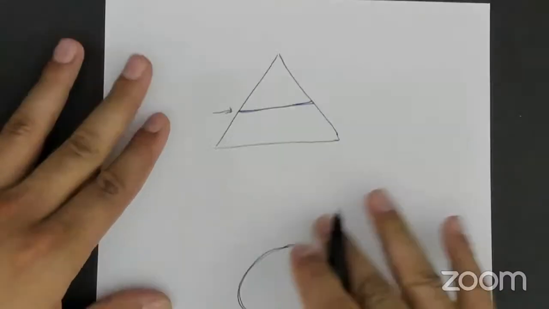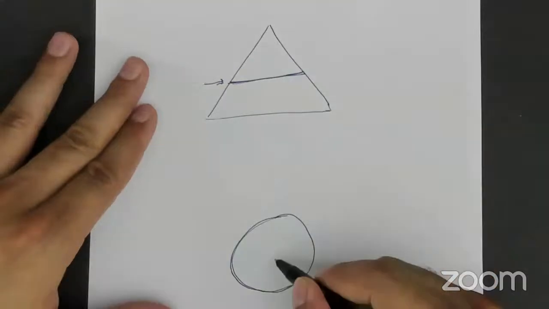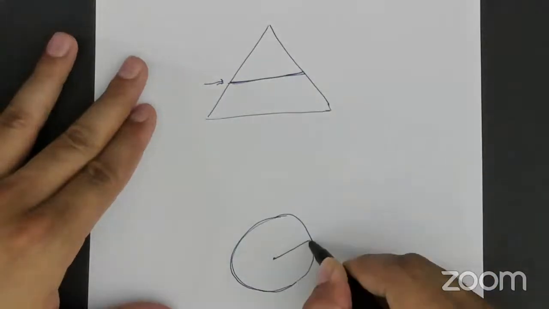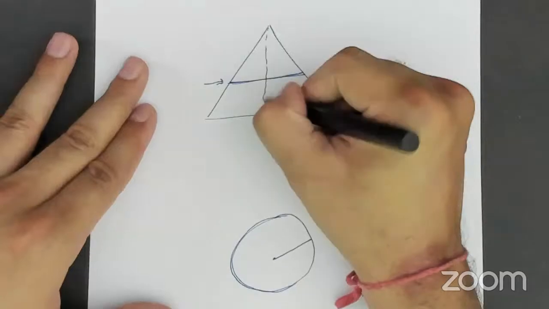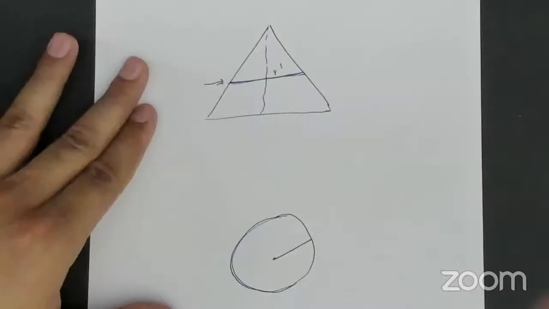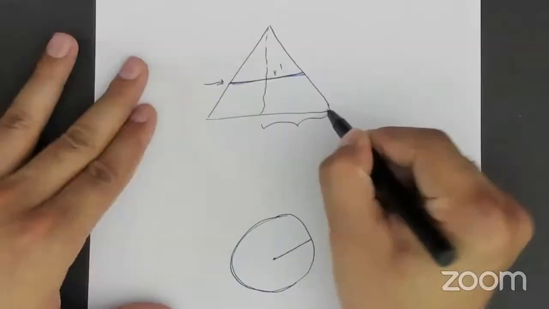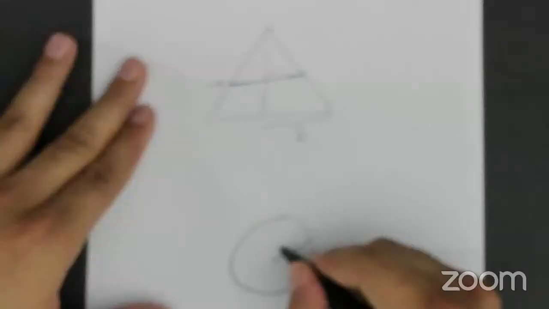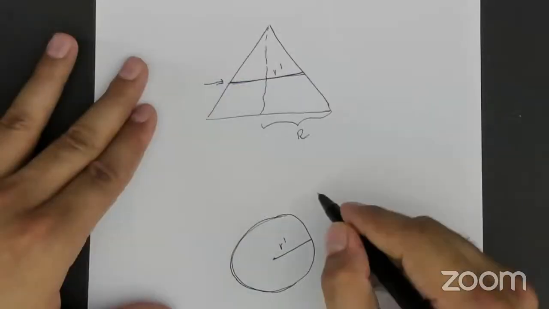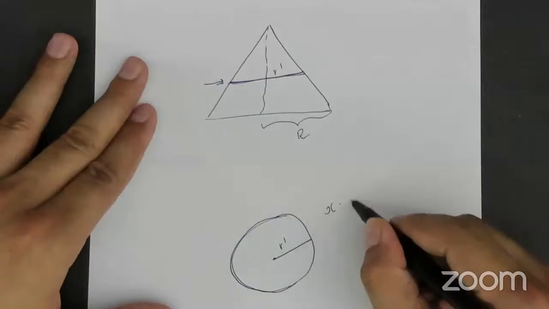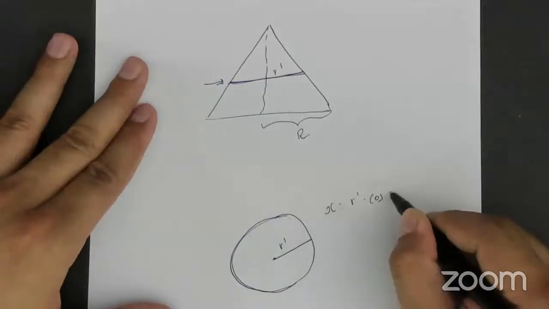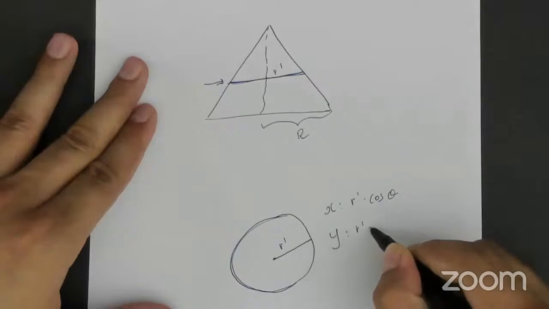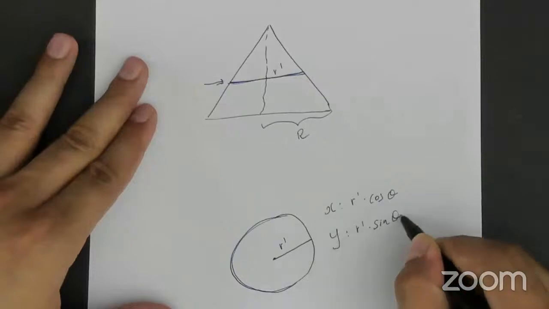The circle is defined by its radius. Let's say this is the radius r prime, and this is the base radius. So this r prime, its x and y are defined as r prime cos theta, and y is r prime sin theta, and these are eventually circles stacked on each other.